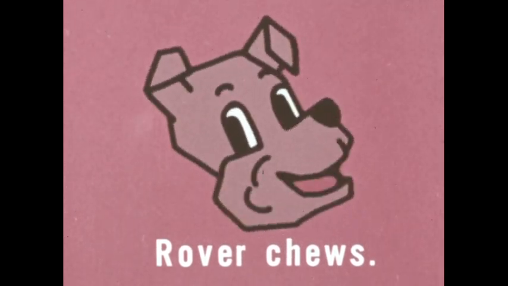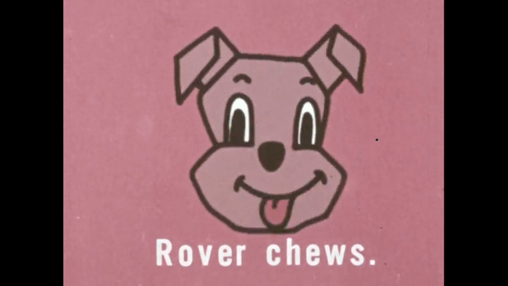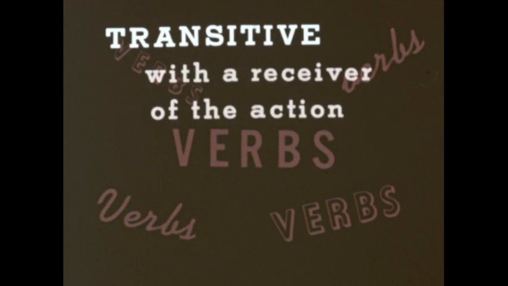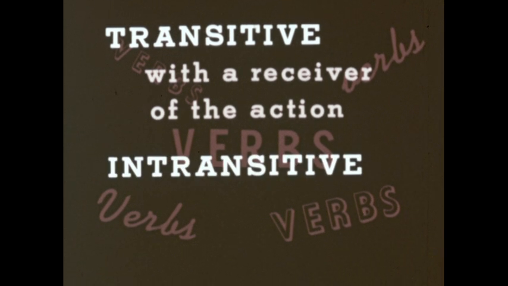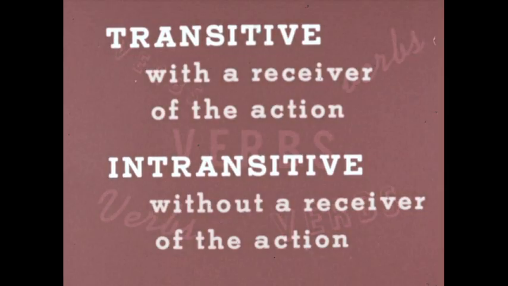In this sentence, nothing receives the action of the verb chews, so we say it is used intransitively. We say an action verb is used transitively if the sentence includes a receiver of the action. We say an action verb is used intransitively if the sentence does not include a receiver of the action.